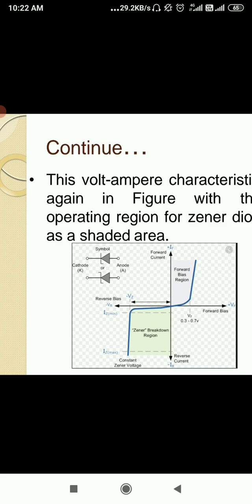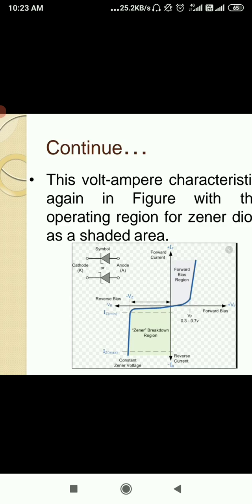And when this current is flowing, it is only because of thermally generated minority carriers. In N type there are very few holes, and in P type there are very few electrons. So these minority charge carriers allow some amount of current to flow.